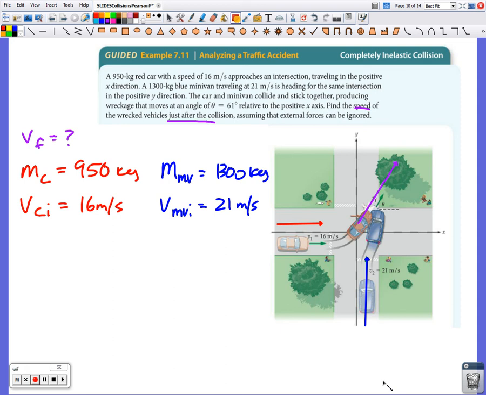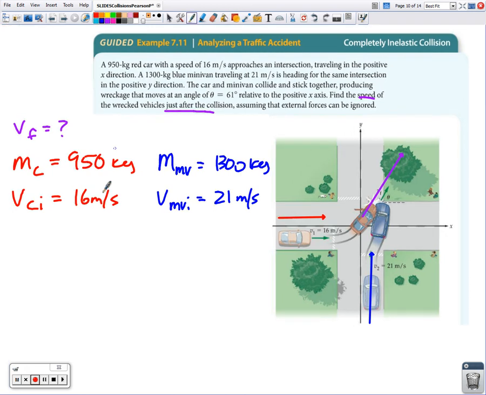Good there? All right, so the first thing we need to do is calculate the initial momentum of the red car before the collision and the blue minivan before the collision. We're going to do that just by calculating momentum, mass times velocity, right? So go ahead and calculate the red car's momentum before the collision and the blue minivan's momentum before the collision.